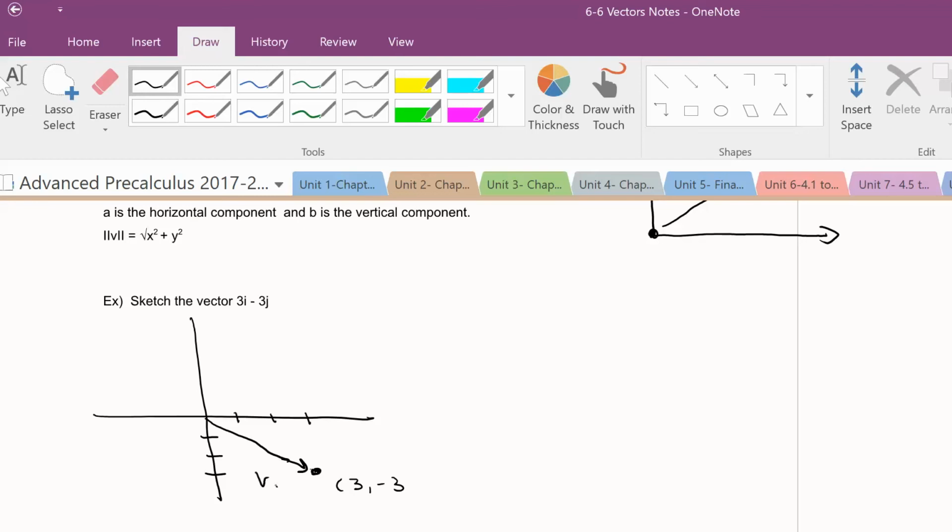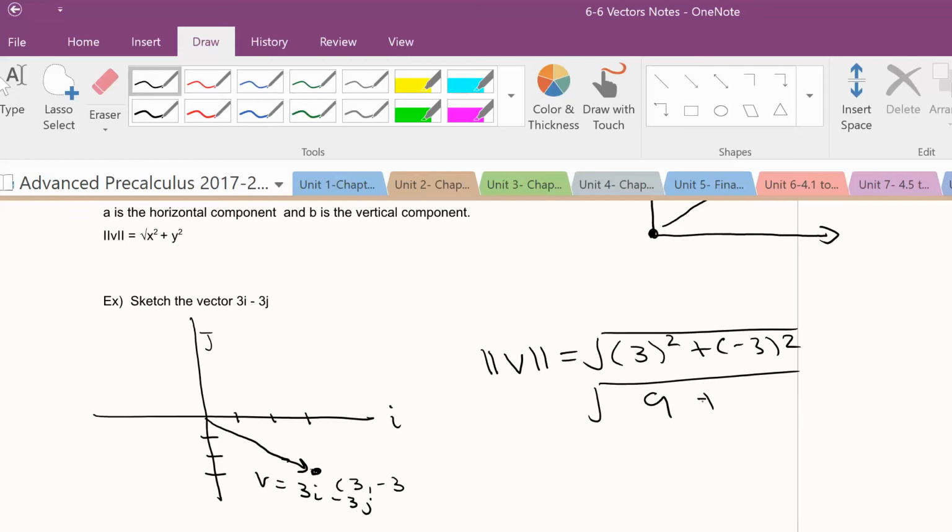So this is 3i minus 3j. So i is horizontal, j is vertical. To find the magnitude of this vector, we're just going to square the components. So we go 3 squared plus -3 squared. So we go 9 plus 9, which is the square root of 18, which is 3 root 2. So that would be the magnitude.